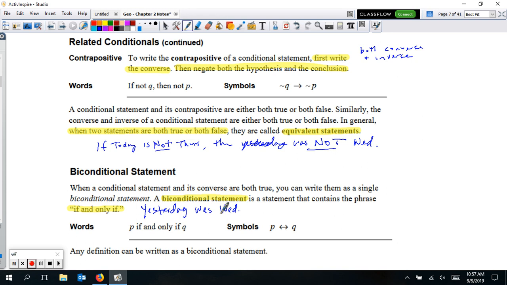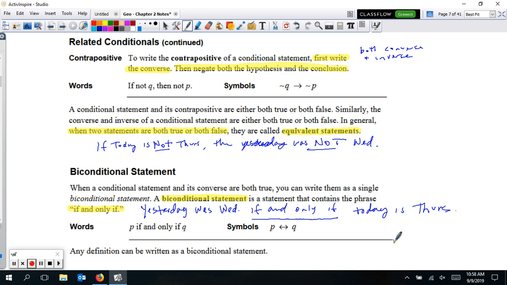See, it just uses the statement part, doesn't put the if. Yesterday was Wednesday, and now what we're going to use is this if and only if part. That's going to go between the hypothesis and conclusion. So yesterday was Wednesday if and only if, I'll underline that part right there. That's the key part there. If and only if today is Thursday.